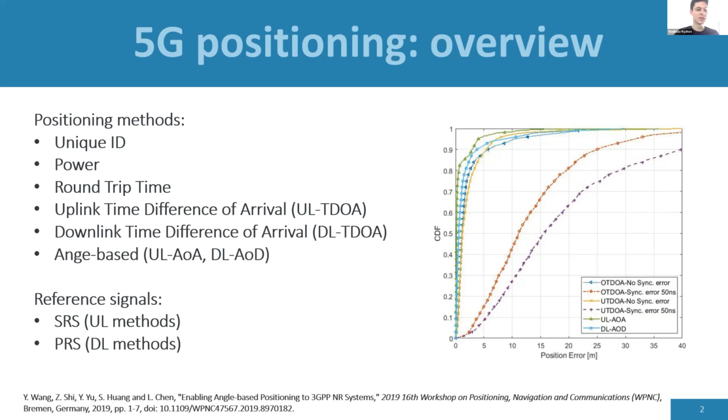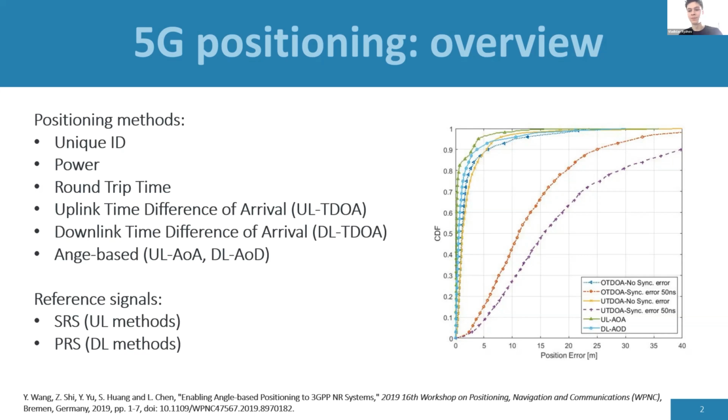So why did we decide to choose angle-based methods for positioning? First of all, in the last few years, we have much larger antenna arrays at base stations. It means that we can exploit this property to increase the accuracy of positioning.